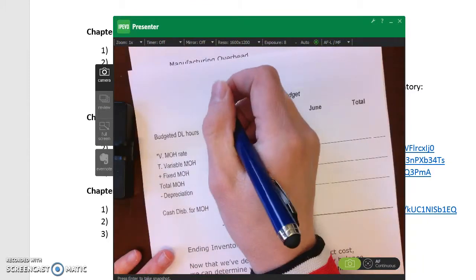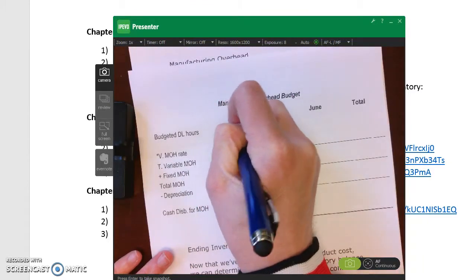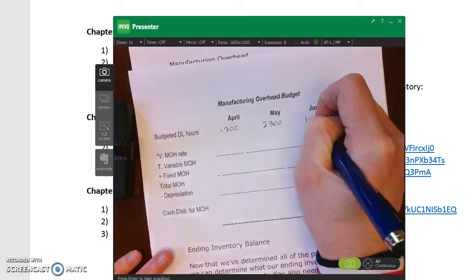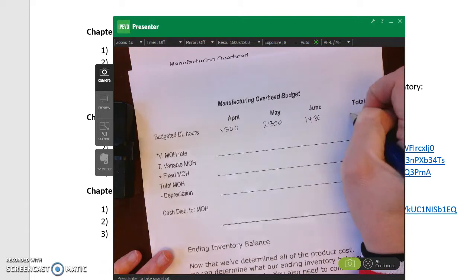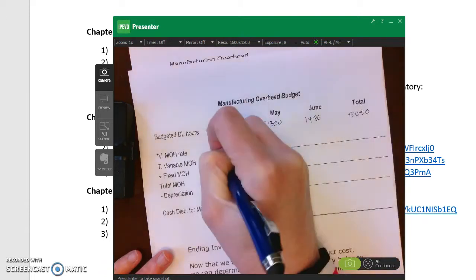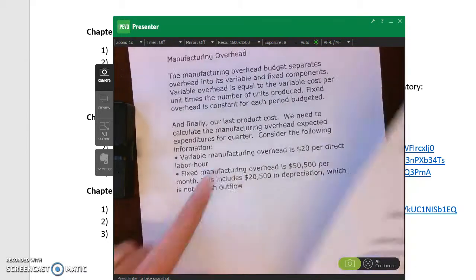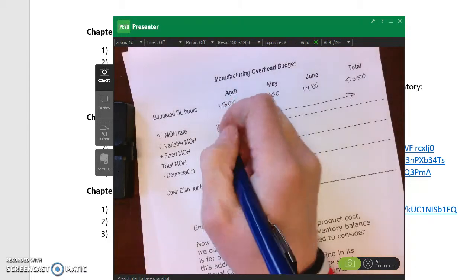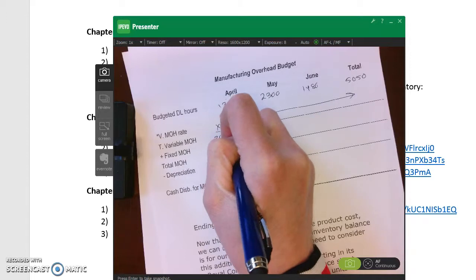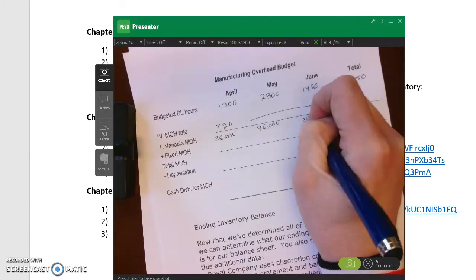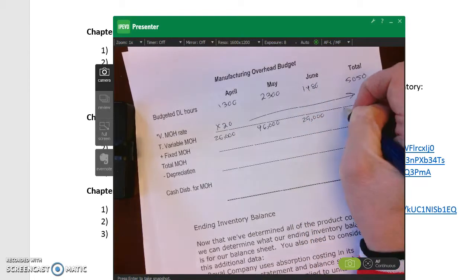So I'm going to pull that in here. 1,300 hours for April. And then May was 2,300 hours, 1,480, 5,050. And then on the prior page it says variable overhead is $20 per hour. You multiply them, you get your total variable overhead, 26,000, 46,000, 29,000, 101,000.